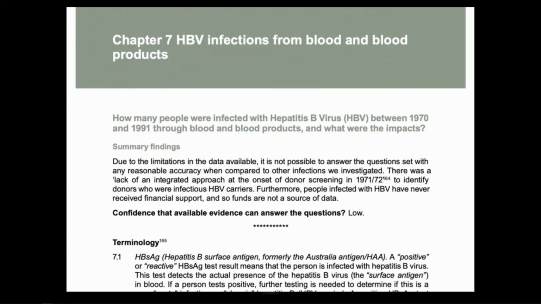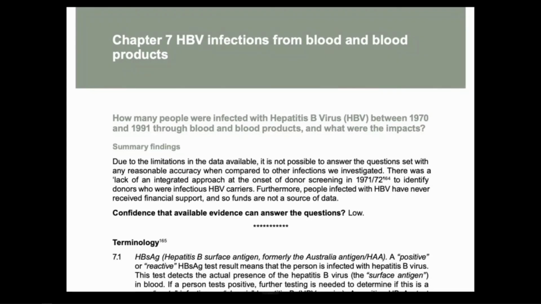And one of the factors you identify is that the funds are not there as a source of information, because there's never been a fund to provide financial support for those infected with hepatitis B. So you're simply unable to tell us, even with numerical ranges, likely numbers infected with hepatitis B through blood or blood products.